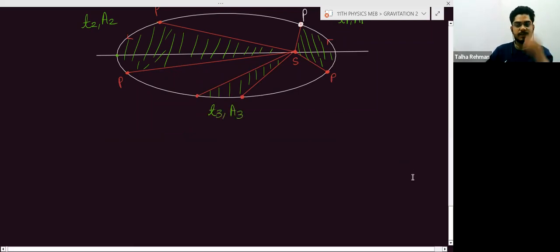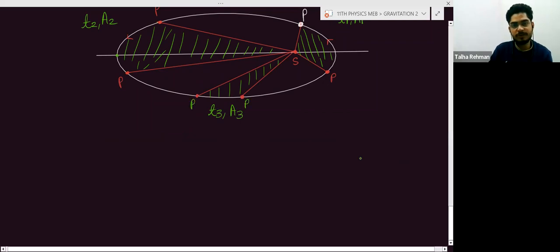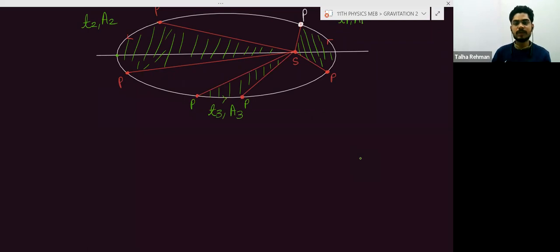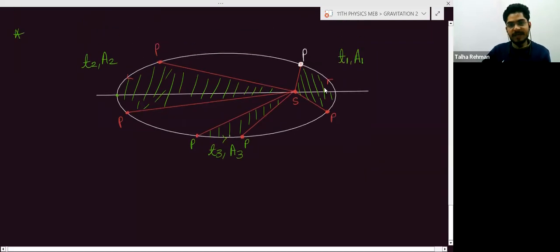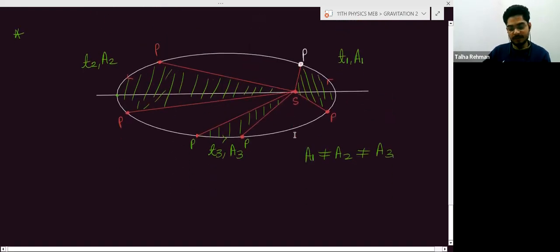The planet is moved from here to here. Now, a1 is not equal to a2 is not equal to a3, all these three areas are different. T1 is not equal to T2 is not equal to T3.